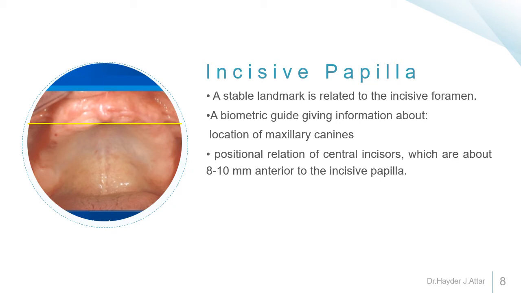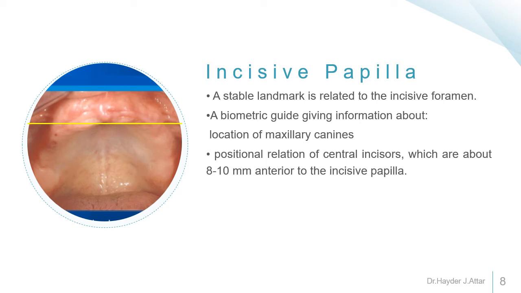and it is regarded as a biometric guide for the position of the canine during the arrangement of the teeth of the complete denture or removable partial denture, by drawing a line posterior to the incisive papilla that is perpendicular to the sagittal plane.